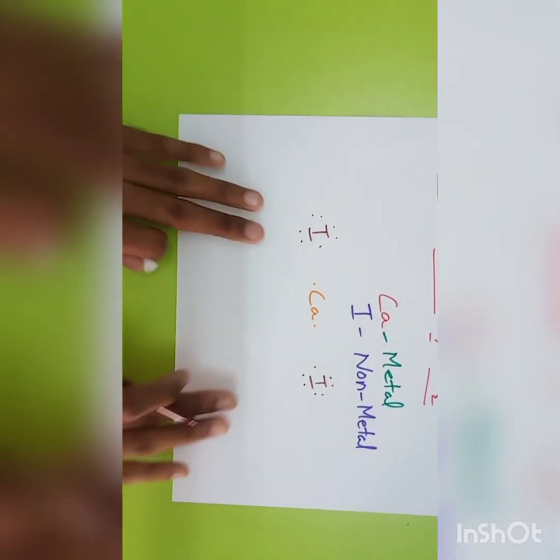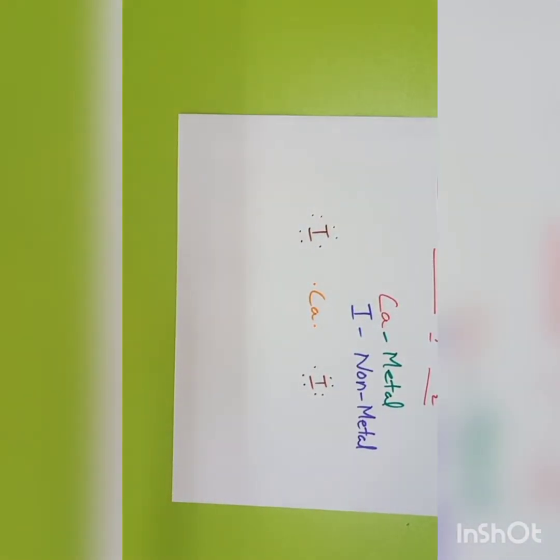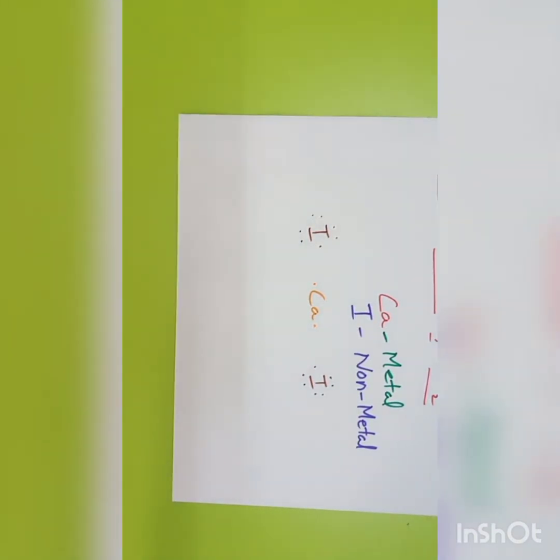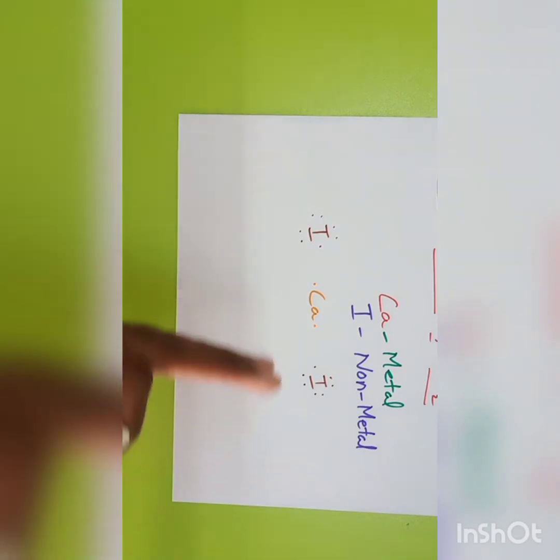Here you can see both the iodines have 7 valence electrons, and calcium is a metal and iodine is a non-metal. Here you have to understand that in ionic compounds, one has to give away the electrons and the other has to accept the electrons. So by now you must be understanding that this calcium, which is the metal, will be giving the electrons to the iodine.